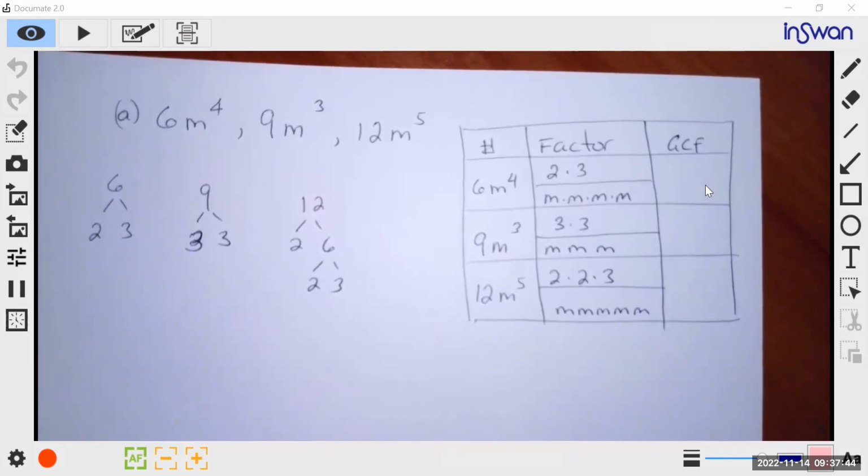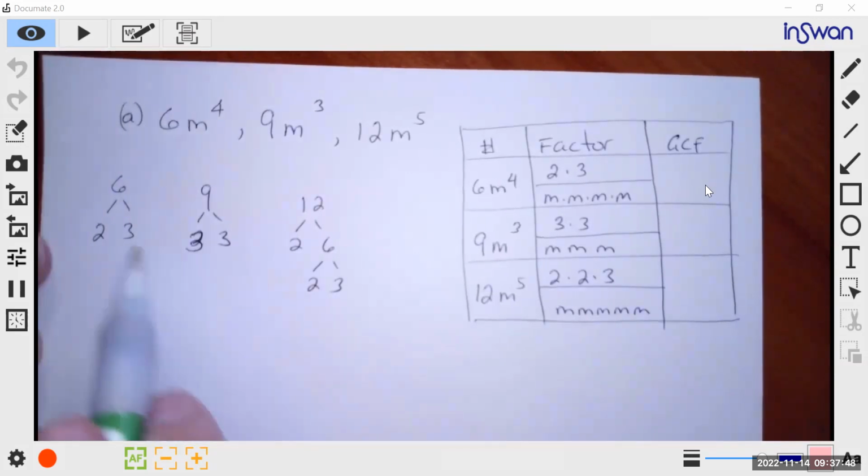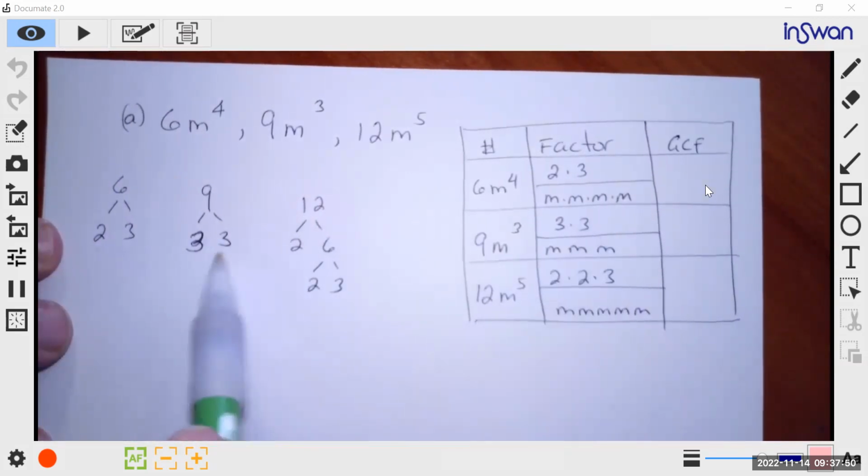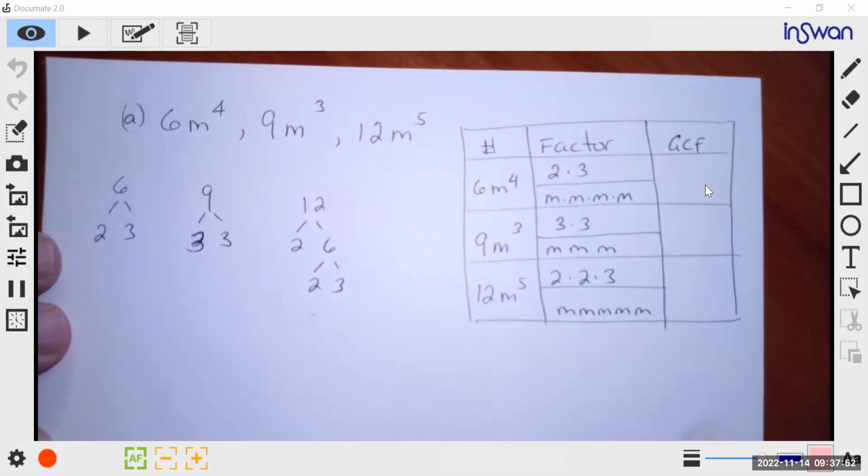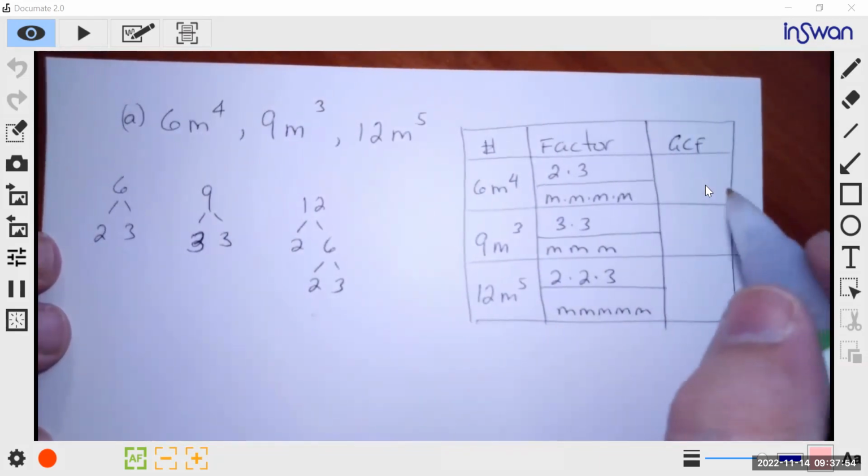This one's almost identical to the other ones, with one small change. For the 6, we had 2 times 3, 9 is 3 times 3, and 12 is 2 times 2 times 3. So what's the numeric GCF?